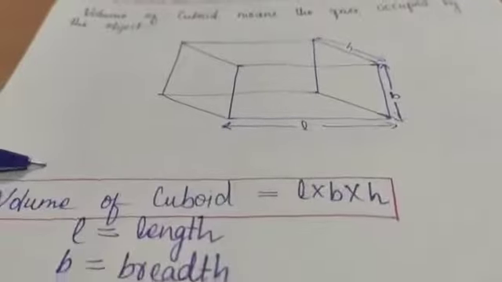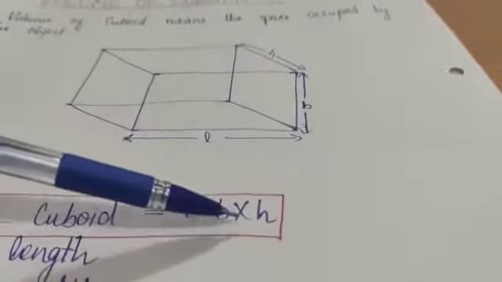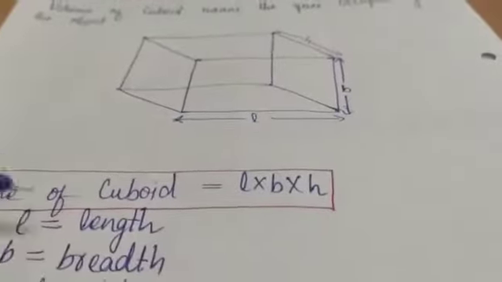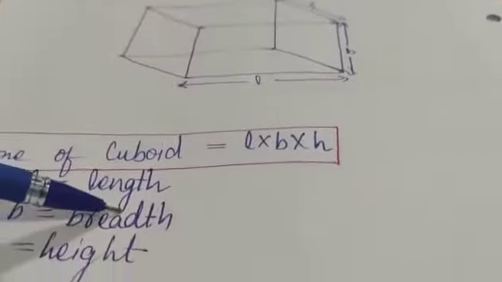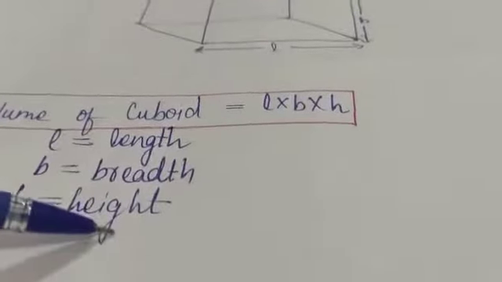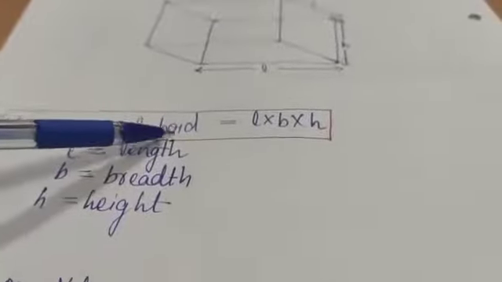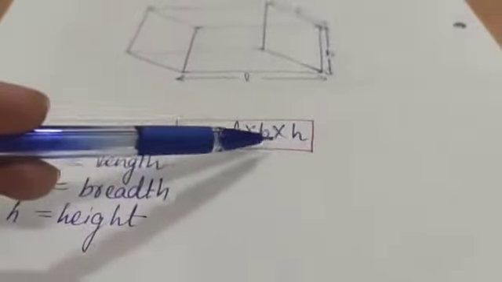So the volume of cuboid is given by L into B into H. That means L is for length, B is for breadth, and H is for height. So the volume of cuboid is length into breadth into height.